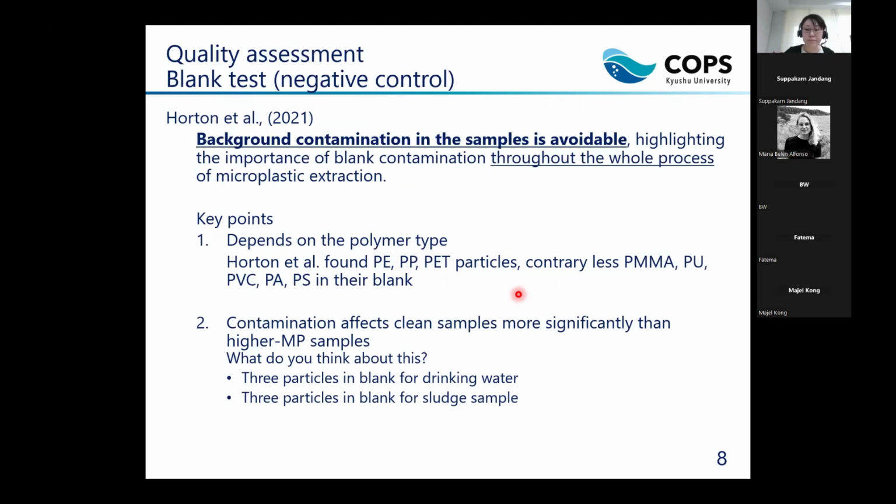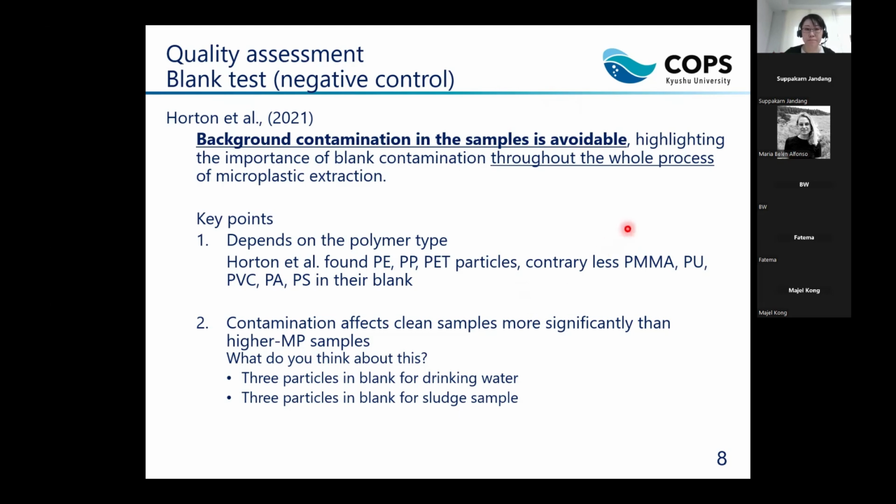So far, I introduced contamination, but Horton et al. 2021 said background contamination in the sample is unavoidable. So it means we cannot avoid the contamination. So we need to check the blank negative control throughout the whole process of microplastic research.